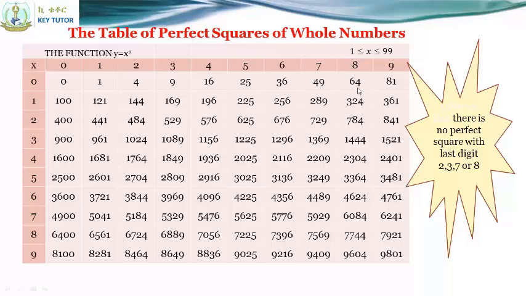This similarity is also true for the columns of 3 and 7. Their last digit is 9.